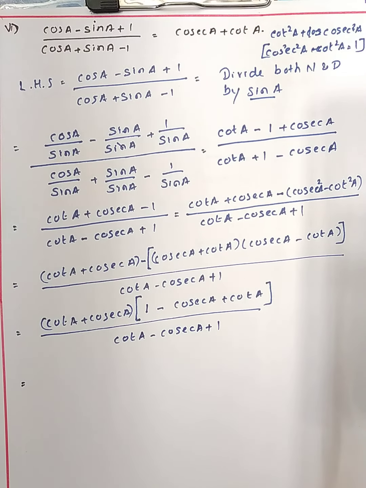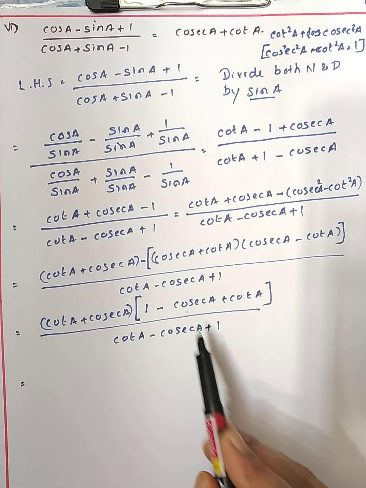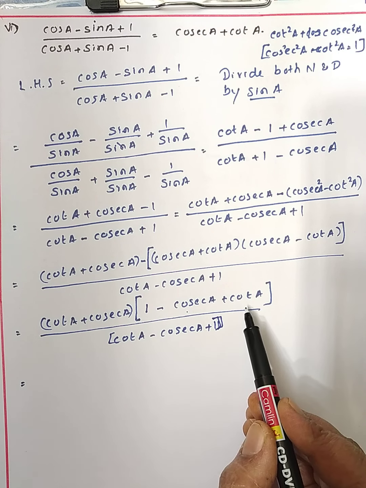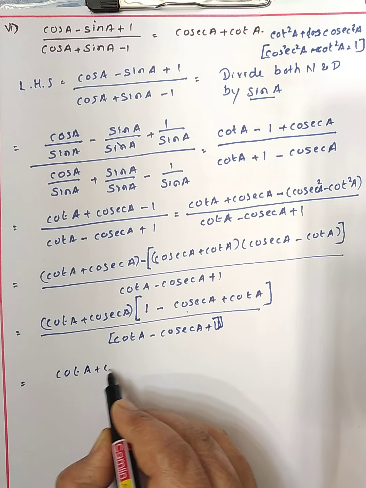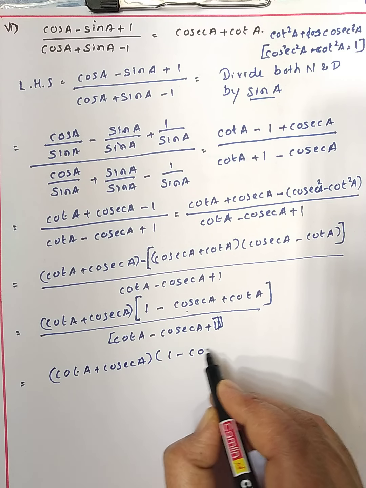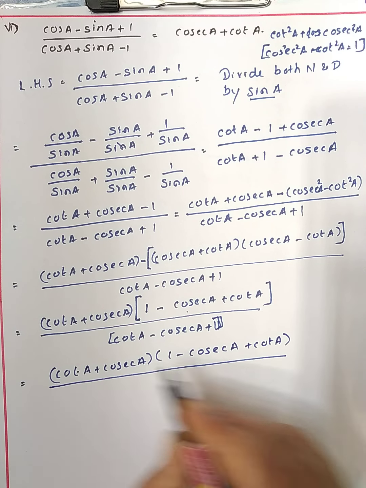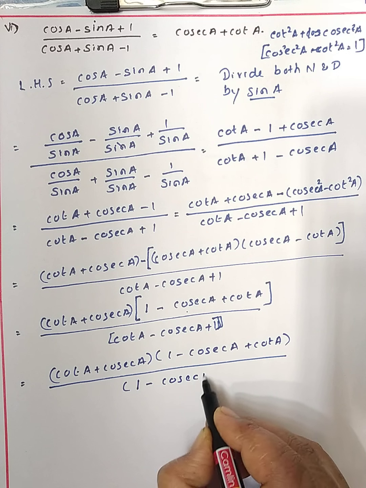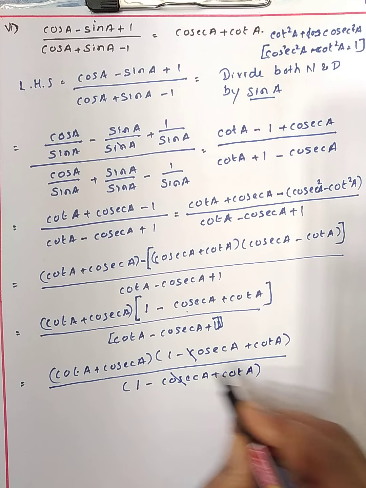So here we can rewrite it as cot A plus cosec A into 1 minus cosec A plus cot A whole divided by 1 minus cosec A plus cot A. This is one term and this is also one term, so we can cancel here. This gets cancelled.